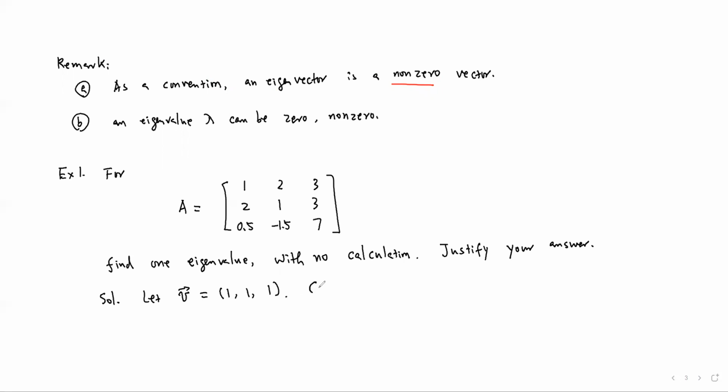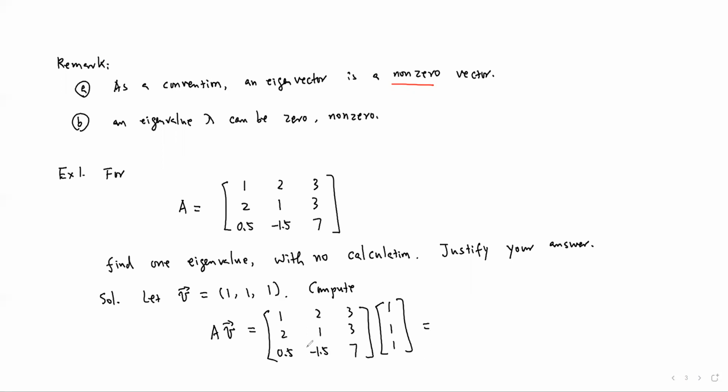Now let me compute A times V. The matrix 1, 2, 3; 2, 1, 3; 0.5, negative 1.5, 7. A 3 by 3 matrix times a 3 by 1 matrix by the row-column formula. Then we get 6, 6, 6. Take out the number 6: 1, 1, 1.